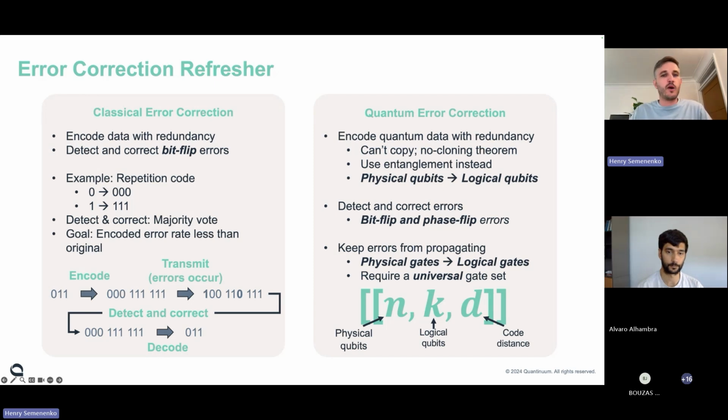Instead of sending a single 0 or a single 1, we will just repeat it 3 times. And then to detect and correct, we're just going to use a majority vote. We look at the 3 bits that were received and just say which was the most likely outcome to have been the true outcome.